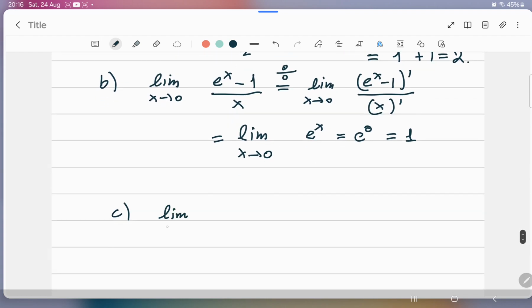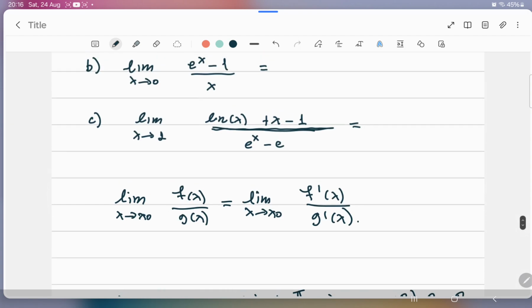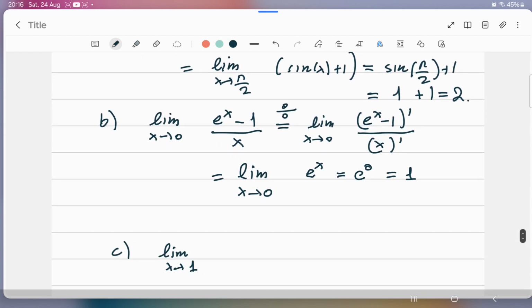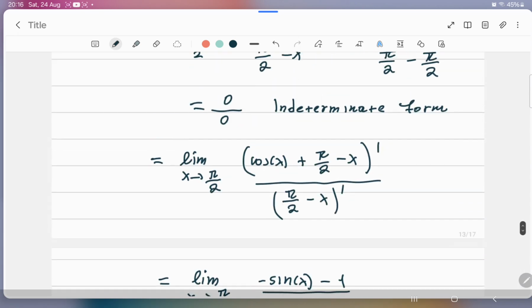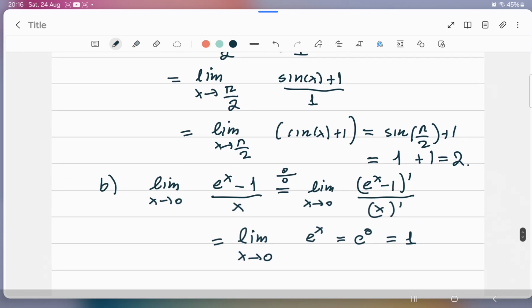It's the limit as x approaches 1 of the function natural logarithm of x plus x minus 1 divided by e to the power of x minus e.